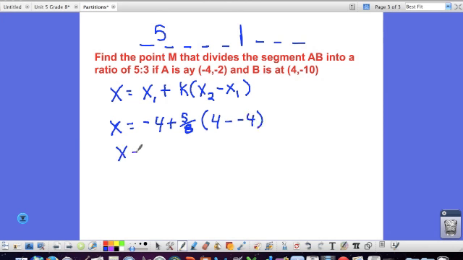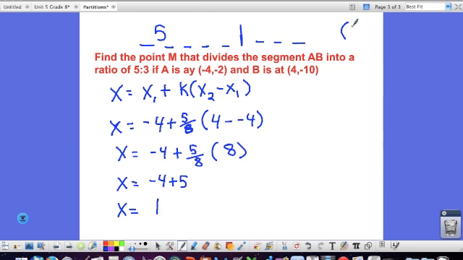So x is equal to -4 plus 5/8 of 8, since 4 plus 4 is 8. So x equals -4 plus 5 times 8 is 40, divided by 8 is 5. So the x value is 1.